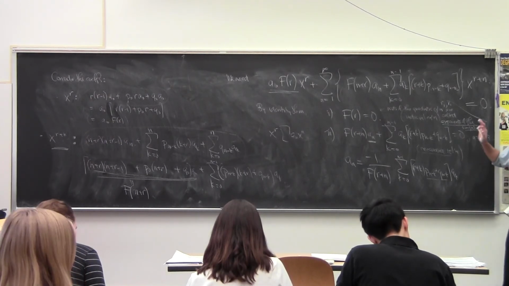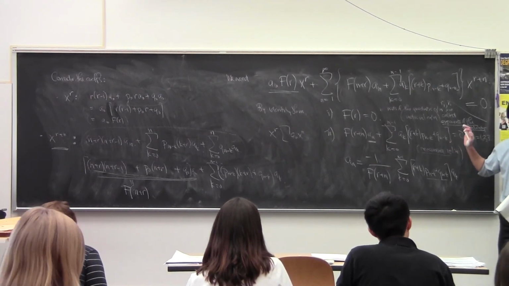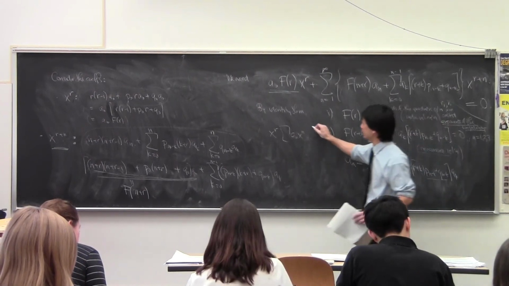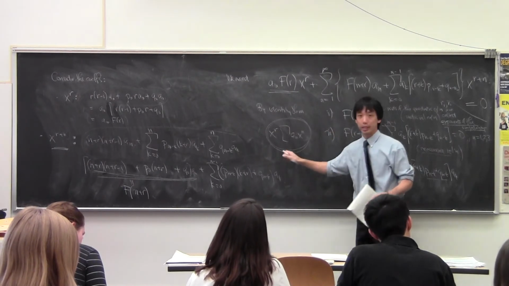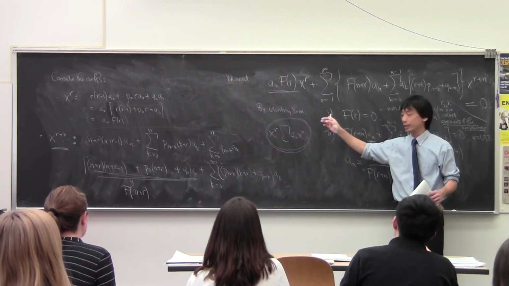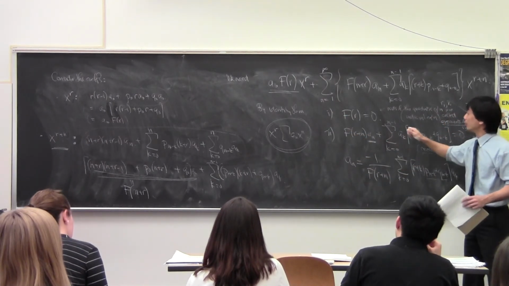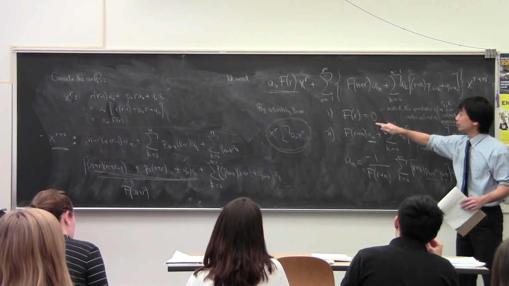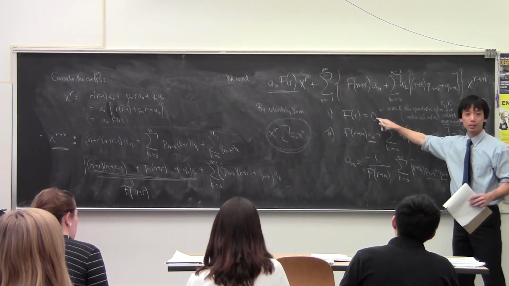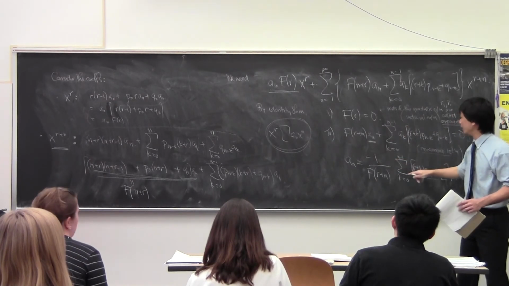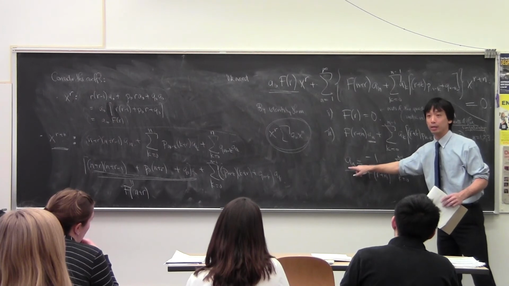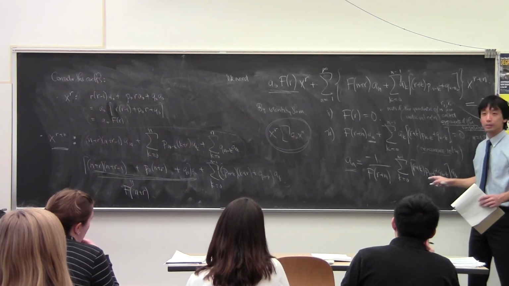And so this basically shows us what's going to happen when we take a solution like this and plug it into this sort of differential equation. We'll be forced, one, to make the power some root of the indicial equation, and two, we'll see that we'll be able to calculate the coefficients in terms of the previous coefficients.